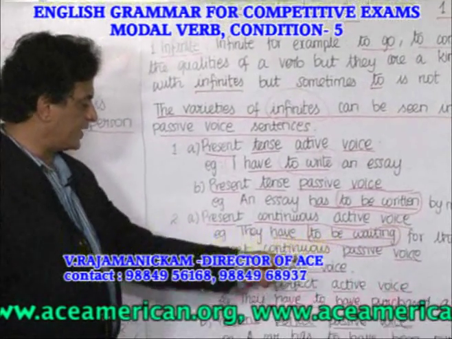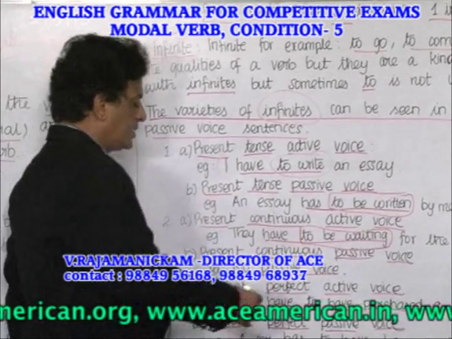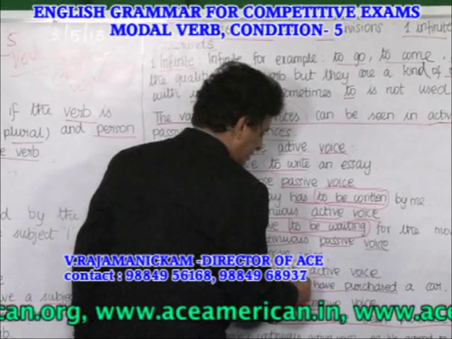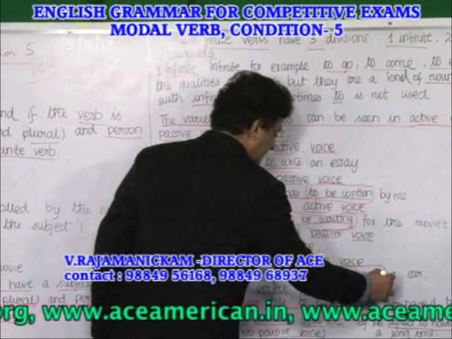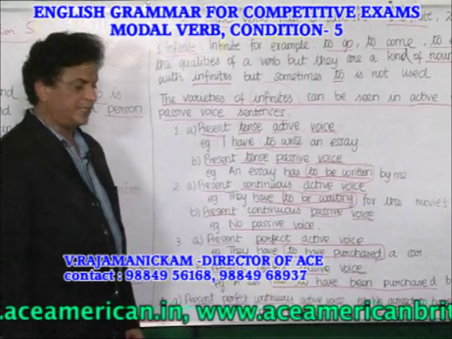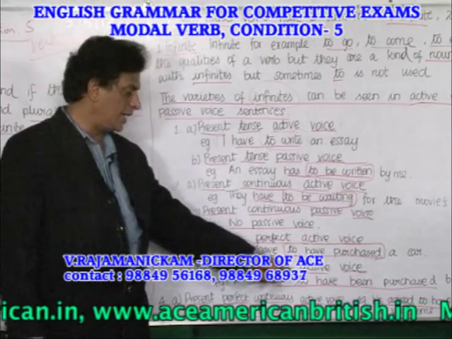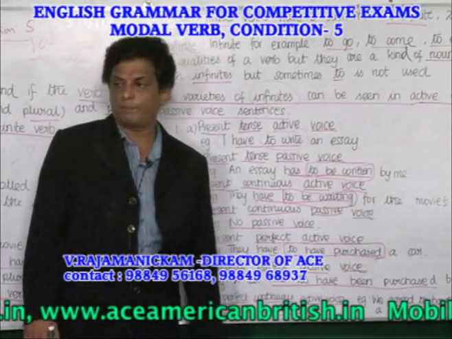Coming here, present perfect active voice. They have to have purchased a car. See, to have purchased, this becomes what? Perfect infinitive, right? So for the passive voice: a car has to have been purchased by them, right?